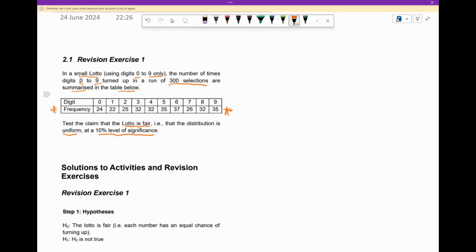So already we know we need to go to step number 1, our assumptions. We are saying H0. What are we assuming? What is the situation here? We've got a lotto, and we're saying that we have these 10 digits, 0 all the way until 9.